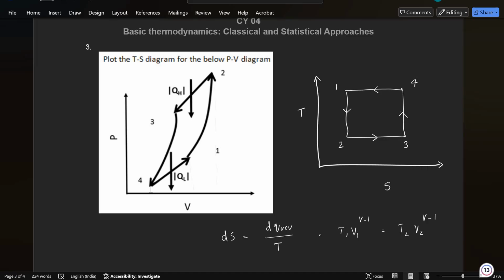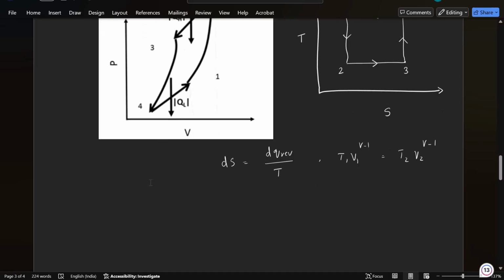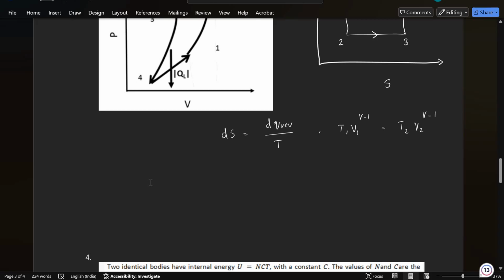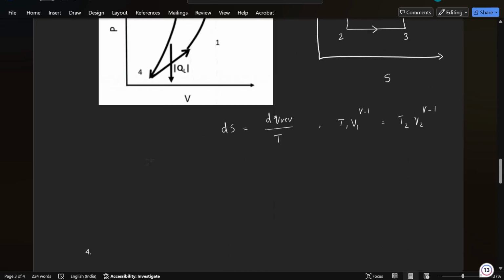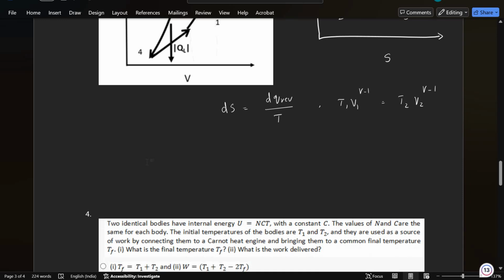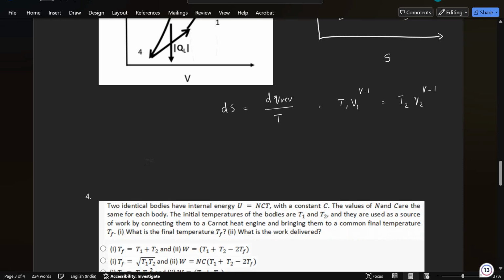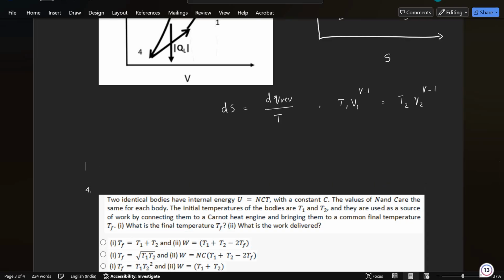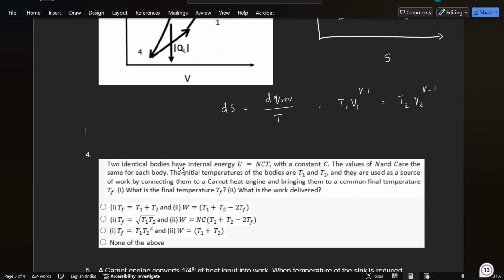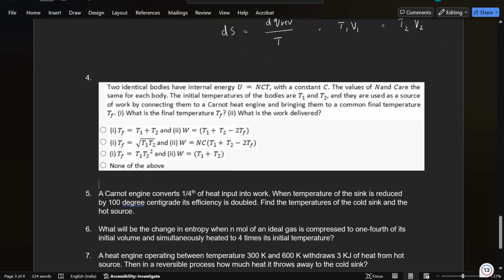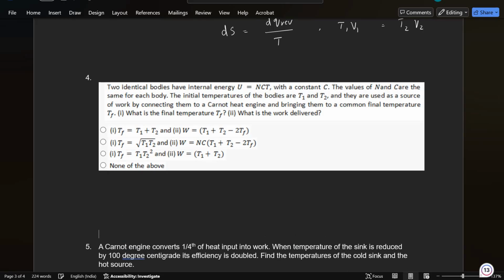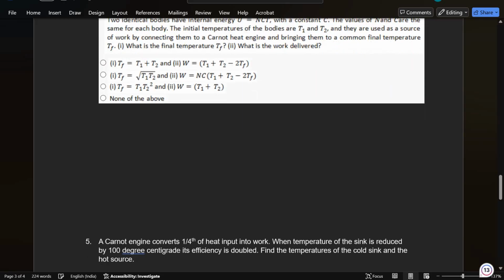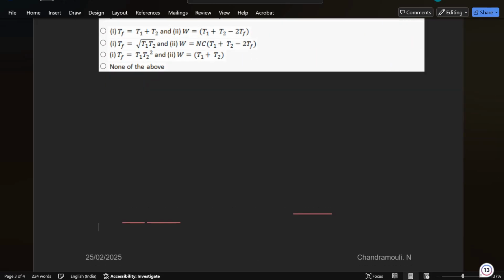All right. Do you understand this or do you need some more explanation? No, sir, understand. Okay. So if you understand, then we can go. Okay. Now, this is a little tricky problem.